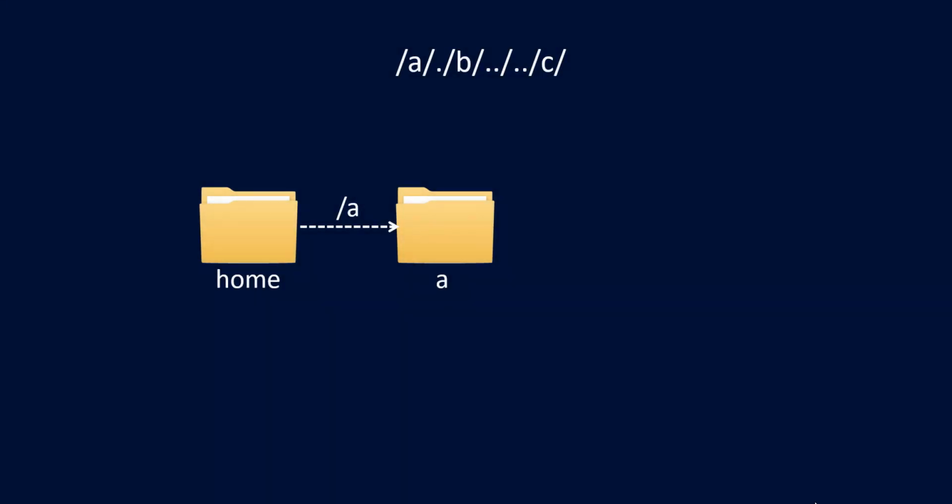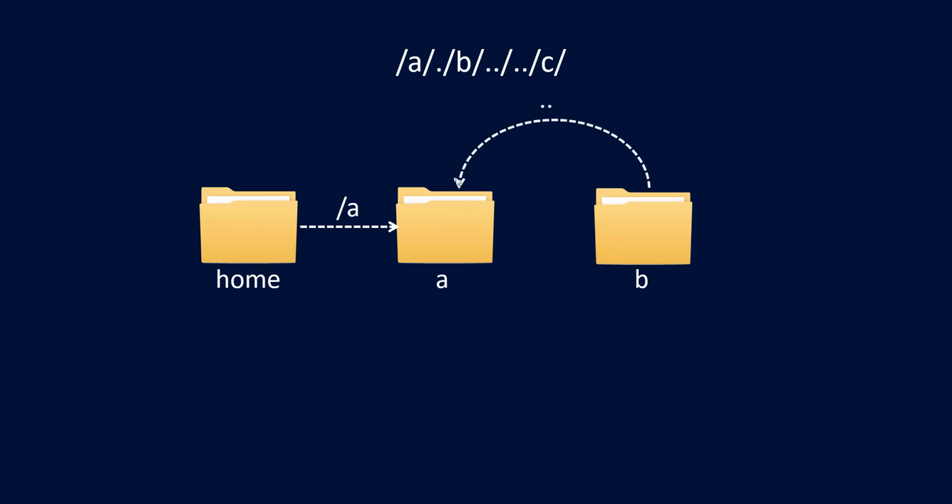So here I have taken the last example that was given to us, and here we can see that I have just considered slash A for now, and so I go into the A folder from my home directory. After that I have a dot which will do nothing, and then I have a slash B, that means I am going into a directory B from A. Now I have a dot dot, so I come out of this directory and go to A. So I am currently on A. Then again there is a dot dot, so I come out of this A and I am at my home directory right now.